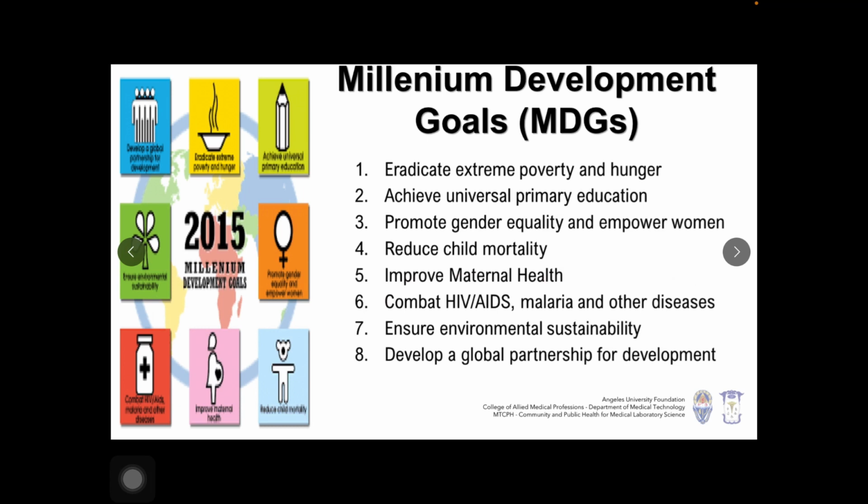So how about malaria and other diseases? So malaria and other diseases have halted by 2015 and begun to reverse their incidence. So from 2000 to 2013, malaria incidence and mortality rates of the population at risk have both fallen globally, 30% and 47% respectively.